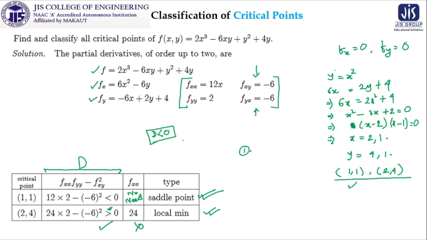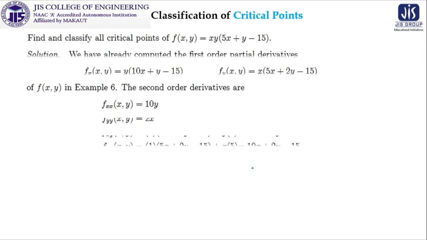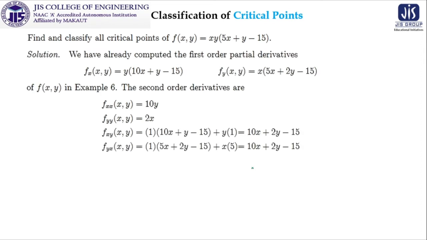So the first job, finding, is done, the second job, classification, is done, the third job, value calculation, is not done till now. We are going to calculate this in the next example. It is just for your one more observation, because this problem is elaborately discussed in this pattern of problems.